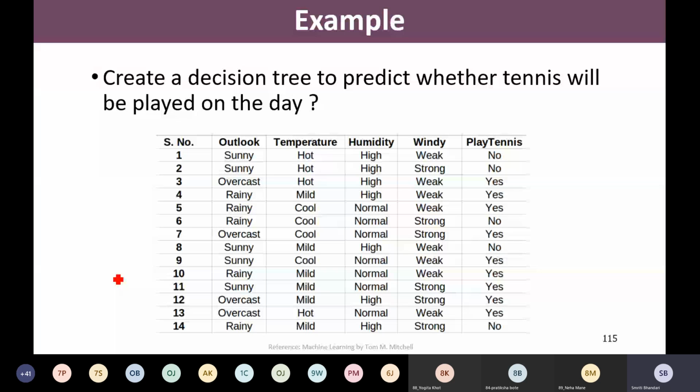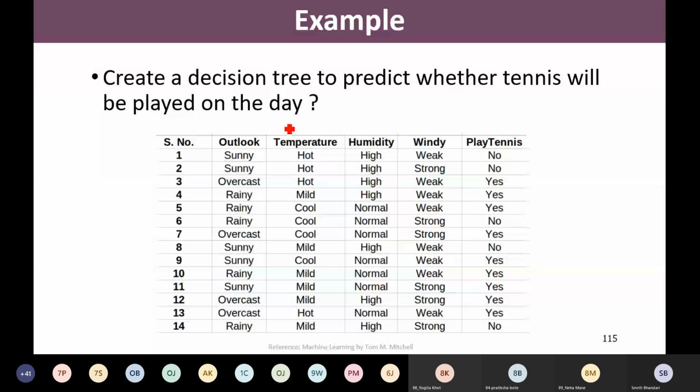Create a decision tree to predict whether tennis will be played on the day. I'll repeat, what is the problem? Create a decision tree to predict whether tennis will be played on the day. So we want a prediction such that on a particular day, whether there is a chance to play tennis.